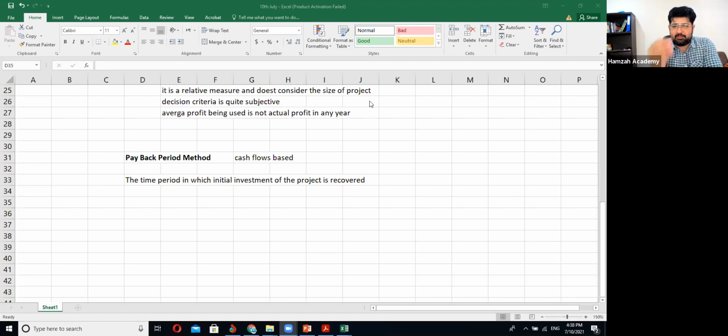So whether the project will return me the amount of the loan in 4 years or not, I mean, can I fulfill the commitment to the bank or not? If not, I cannot proceed with the project. That's why the payback period method is called a screening method.